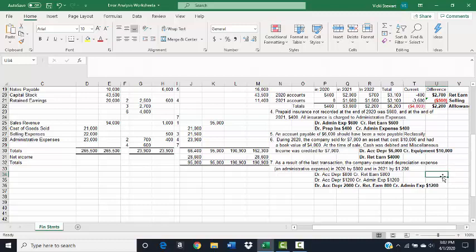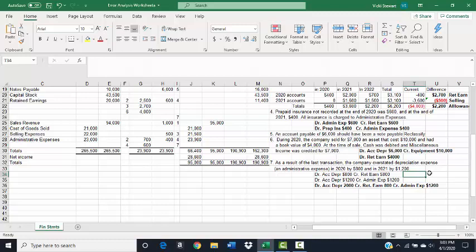Okay, so we've got to back out that accumulated depreciation for 2020 for $800, but since those books are closed, we're going to credit retained earnings for $800 because retained earnings was understated by that depreciation expense. That's the 2020 portion.